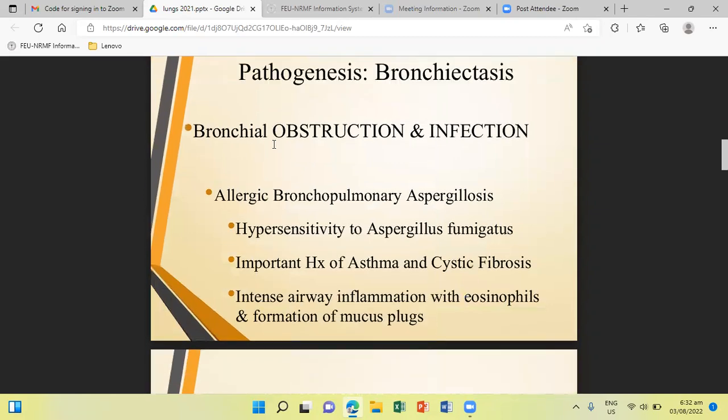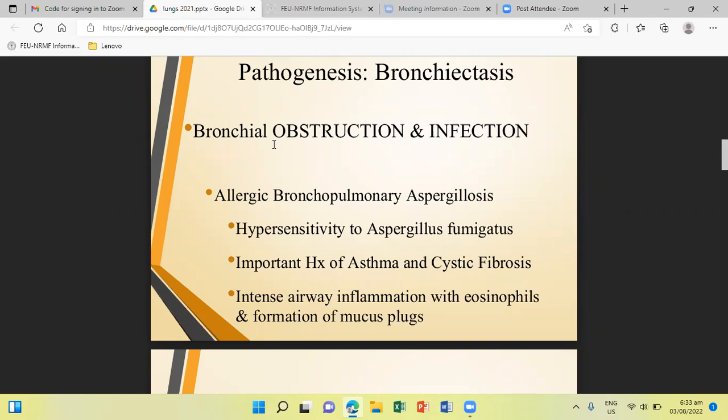Another one is allergic bronchopulmonary aspergillosis. This usually occurs in patients with asthma and cystic fibrosis who develop periods of exacerbation and remission, which may again eventually lead to proximal bronchiectasis and fibrotic lung disease.